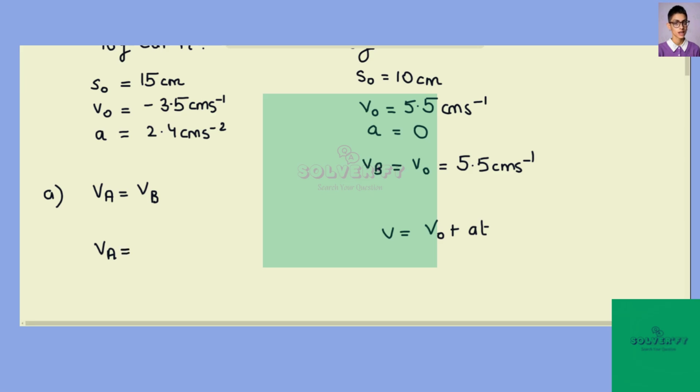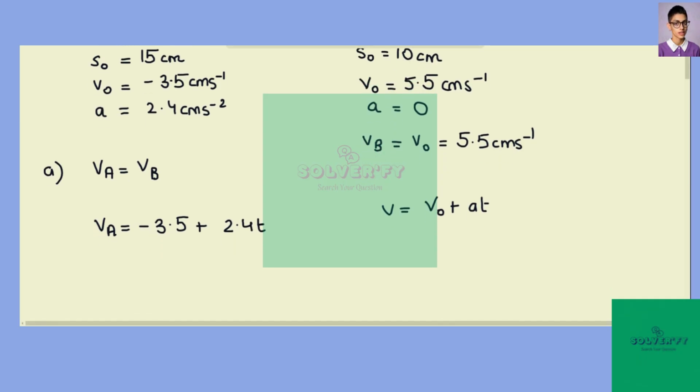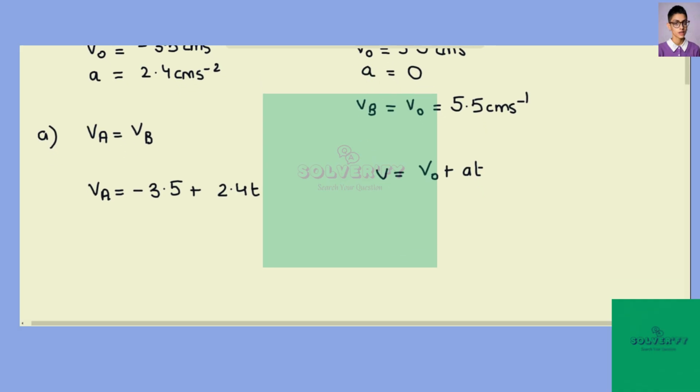So V sub A is equal to v naught, that is negative 3.5 centimeters per second, plus a, that is 2.4 centimeters per second squared, times t. And we need to find the time at which VA equals VB. So we'll just substitute in VA is equal to VB, that is 5.5 centimeters per second, and write the rest of the equation as it is.